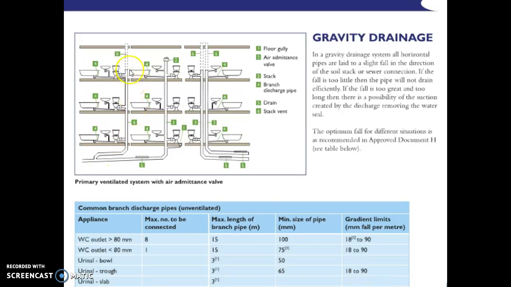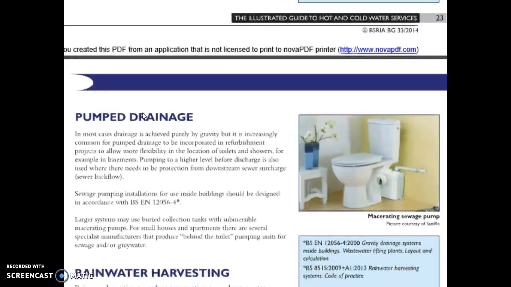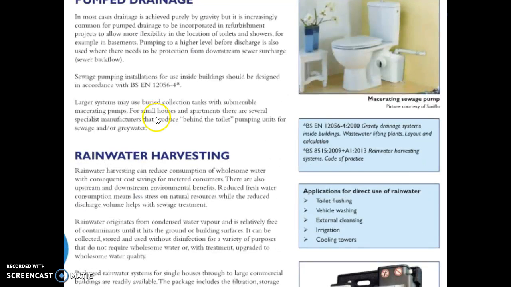Instead of a single stack, we would have to use what we call a vented stack system. So there might be 2 stacks then, one for carrying all the effluent, another one which deals with alleviating air pressure in the system. If you look in your guidebooks under the vented drainage systems, you'll be able to read up more on that. But they're obviously more expensive, so we try to use a single stack wherever possible.